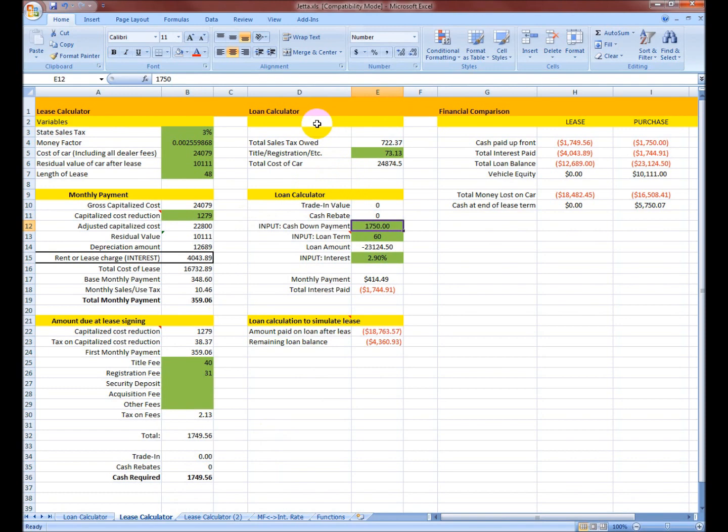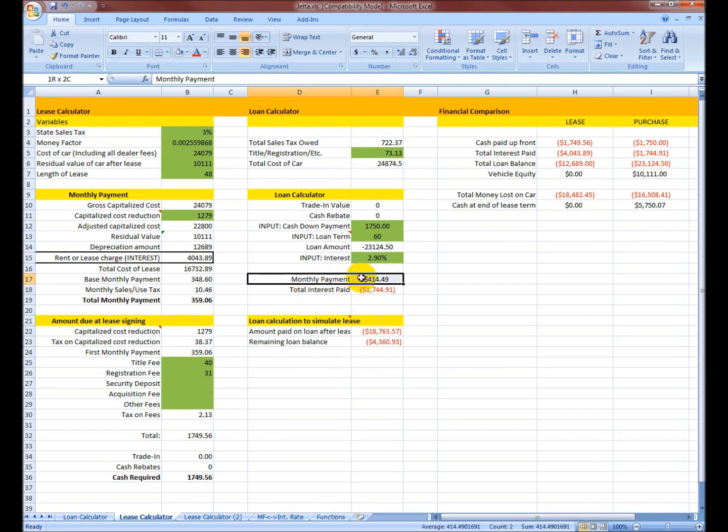With a loan to purchase a car, you can have a much longer term than just 48 months or 36 months for leasing. So let's put in 60 months. And here's the cost of our car minus our down payment. This is actually a little bit higher than the lease because we have to add in sales tax, whereas on a lease the sales tax is done monthly.